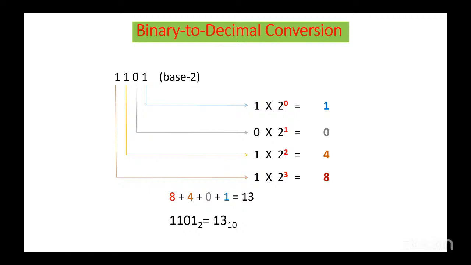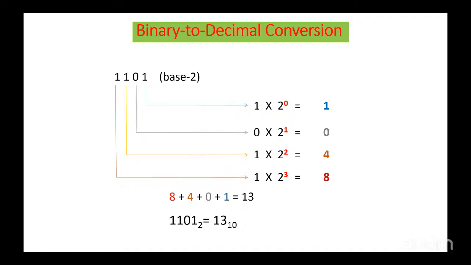Here also, going right to left, the power is increased. 1 into 2 power 0, 0 into 2 power 1, 1 into 2 square, 1 into 2 cube. 2 power 0 is 1, 1 into 1 is 1, 0 into 2 is 0, 1 into 4 is 4, 1 into 8 is 8.